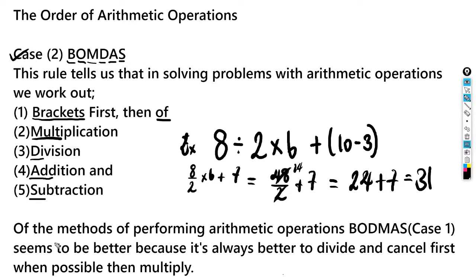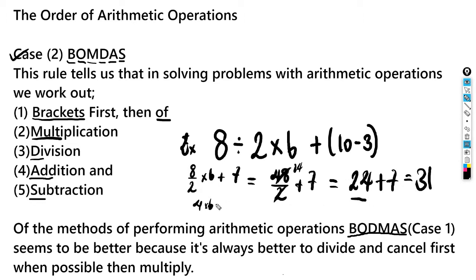Now it says that of the methods of performing arithmetic operations, BODMAS, which is case 1, the case we did first, seems to be better because it's always better to divide and cancel first when possible than multiply. And it's kind of true. Remember in the other example, we just divided 8 by 2 and ended up with 4 times 6, and then 4 times 6 gave us 24.